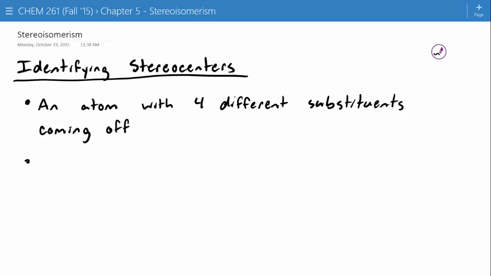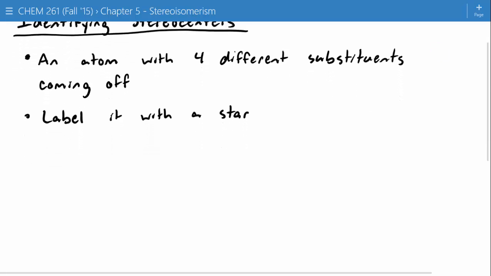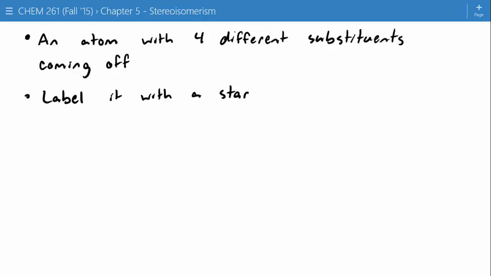What I normally do, as soon as I find a stereocenter, I label it with a star. I really like to keep track of my stereocenters because they tell a lot about what's going on in a molecule. So let's take a look at a molecule, and I want you guys to help me identify a stereocenter.